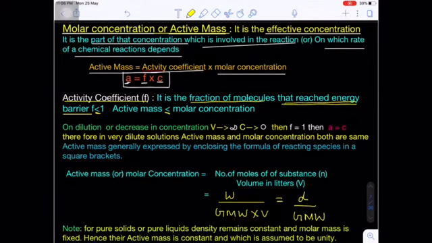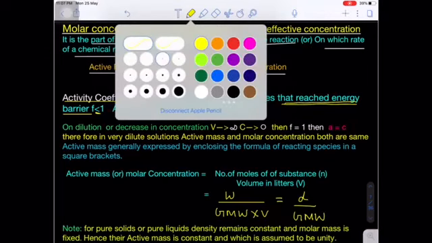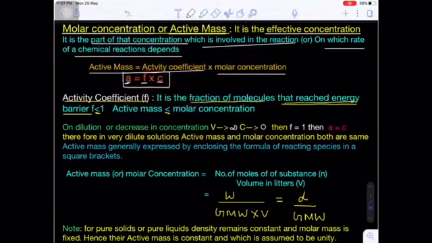Now in the case of dilute solutions, let's suppose we have a very dilute solution, in the sense that the volume increases and the concentration decreases. When volume tends to infinity, concentration tends to zero. How do we know?